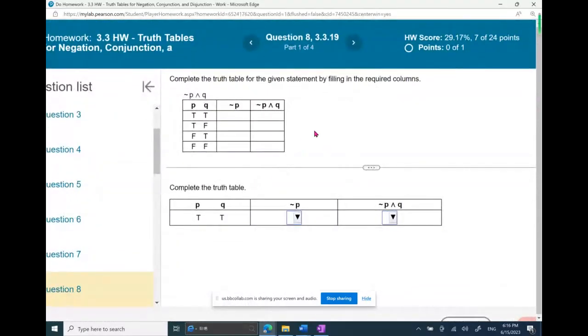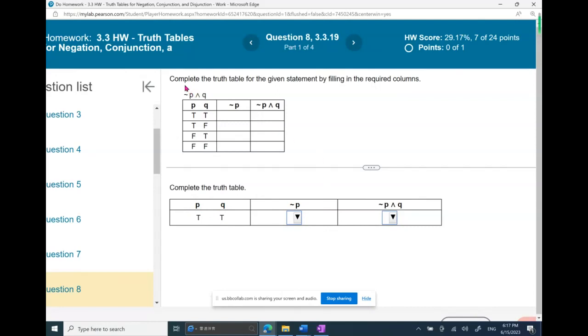Complete the truth table for the given statement by filling in the required columns. So the target compound statement is not P and Q, which is a conjunction. The first component is not P, the second component is Q. So we are going to complete a table.